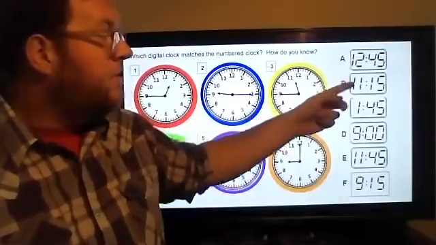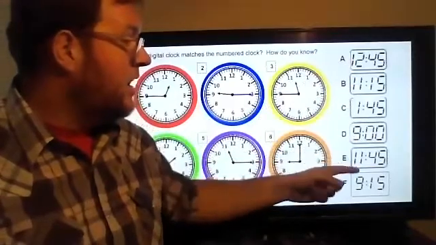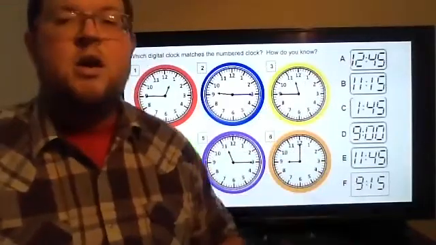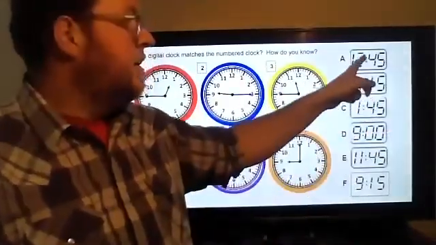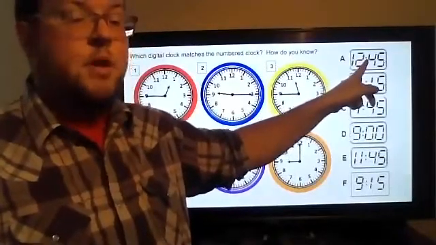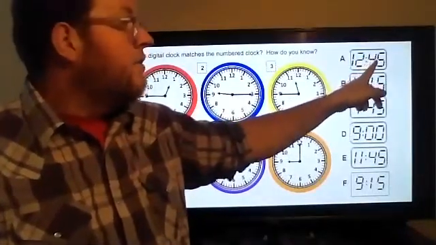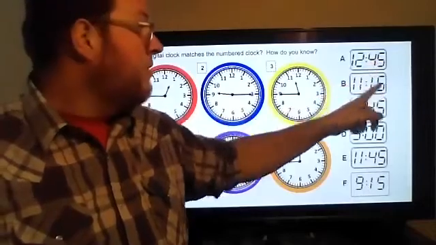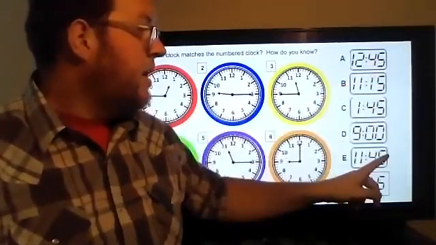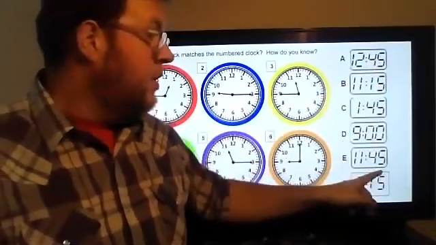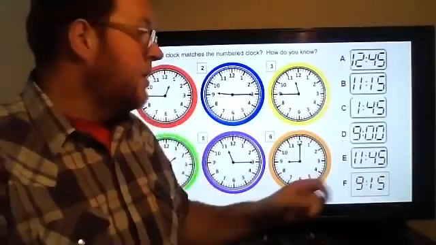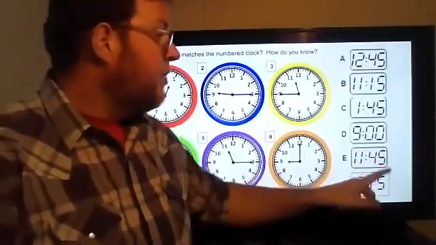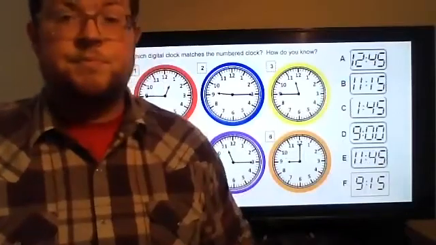So we have 12, 11, 1, 9, 11, and 9. On the other side of this, which is called a colon, we have our minutes. So we have 45, 15, 45, 00, which means it's at the top of the hour or the start of the hour, 45, and 15.